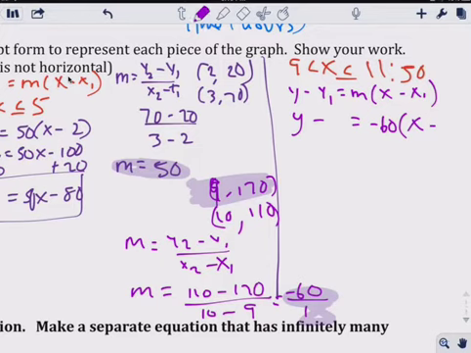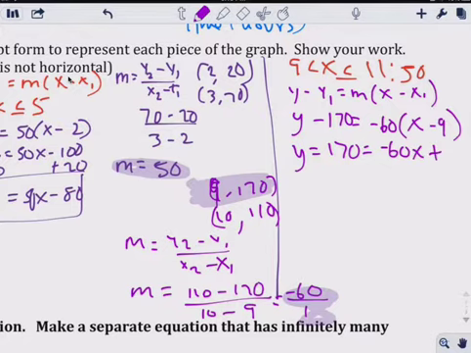This is 170. This is 9 here. The other way. Y equals 170 equals negative 60x plus 150.